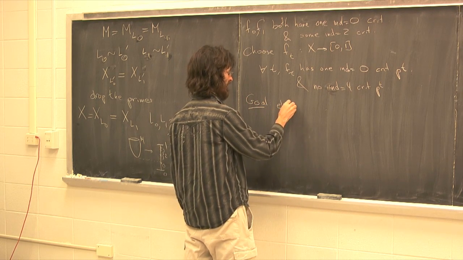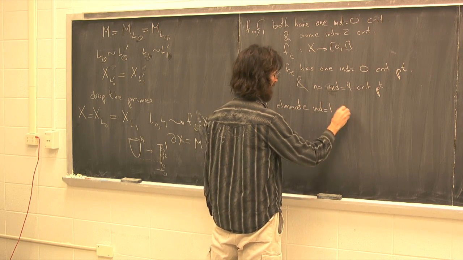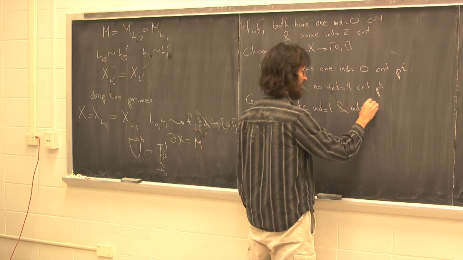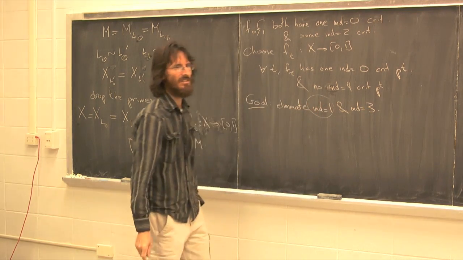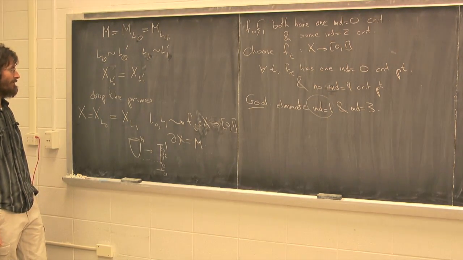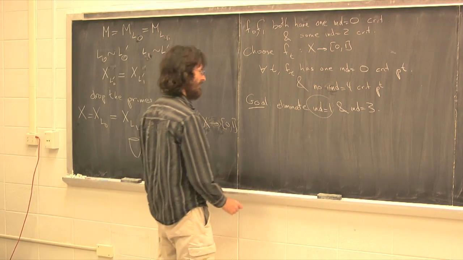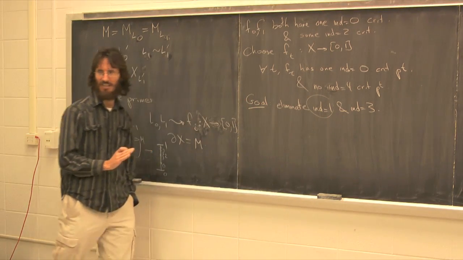So now the goal is to eliminate index 1 and 3 critical points, and we'll do index 1, and you'll see that the index 3 case is just the same thing upside down. Having achieved this goal, we will be done. So what we want to eliminate then, we're going to change X once again.